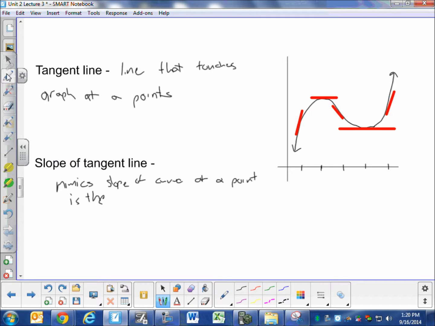Okay? And if we're talking about the slope of a curve at a point, or we're talking about slope being average rate of change, well, what was average rate of change, which was from one point to another, becomes the slope just at one point, or an instantaneous rate of change.